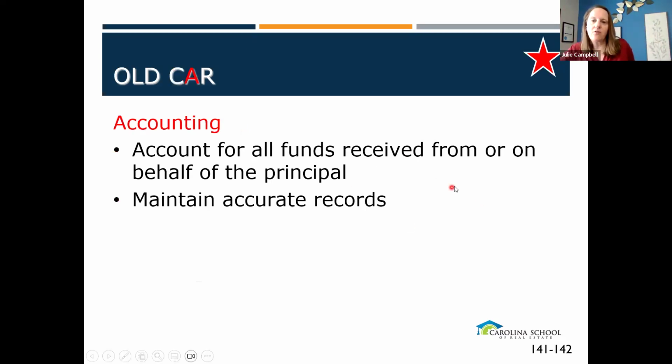The A in CAR is accounting. I'm going to account for my principal's funds.